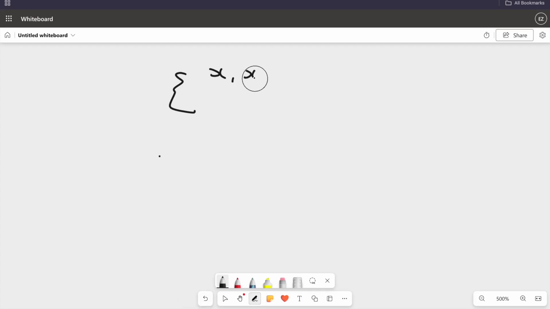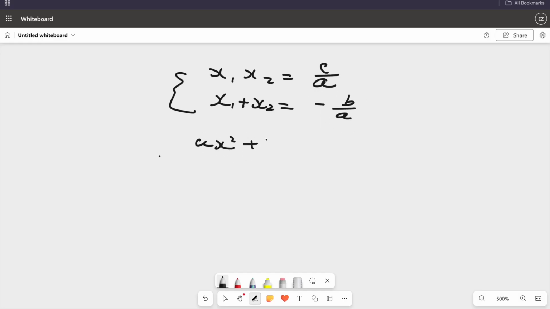We know based on the Vieta theory, the product of two roots equals c over a, and the sum of two roots is equal to minus b over a for the expression ax squared plus bx plus c equals 0.